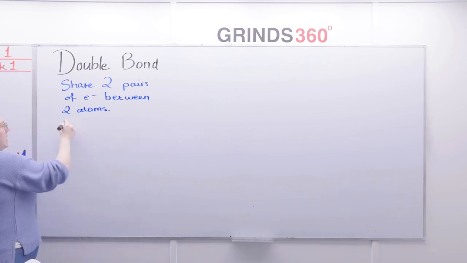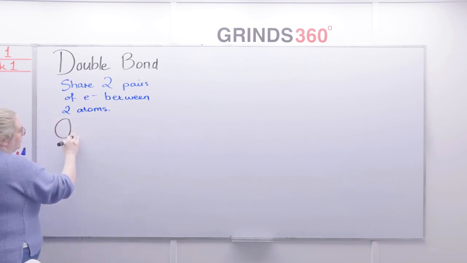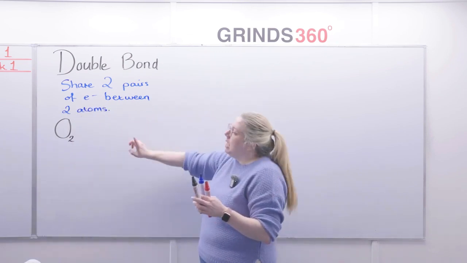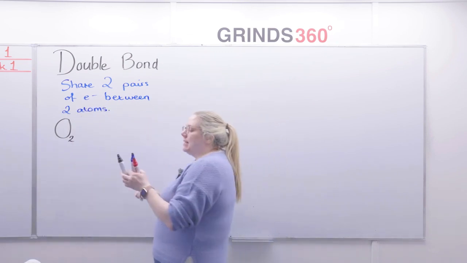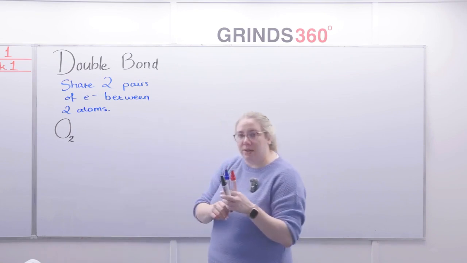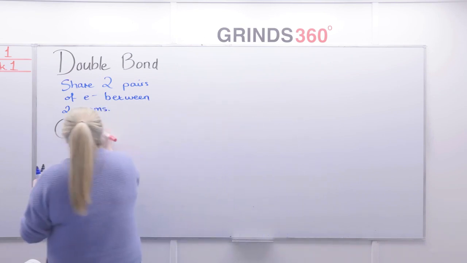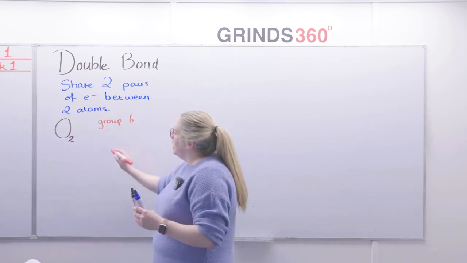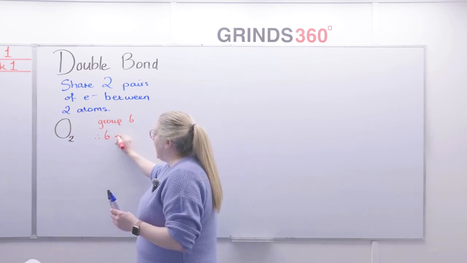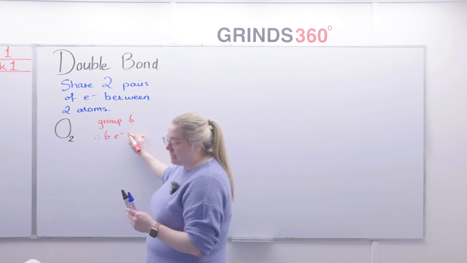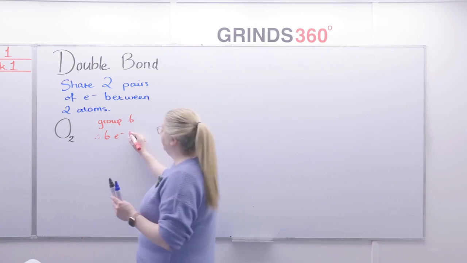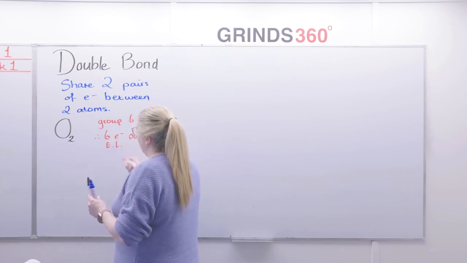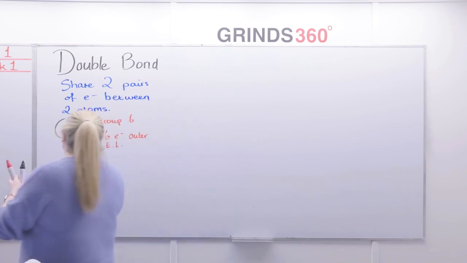Now, a specific example of this is a molecule of oxygen, which is O2. Now, this is not a compound, remember, it's a molecule. Now, oxygen has 6 electrons in its outer energy level. Oxygen is in group 6. Now, in order for it to get a stable outer octet, it needs 2 more. So we draw in 1 atom of oxygen.